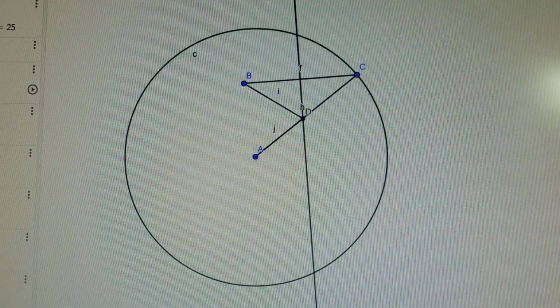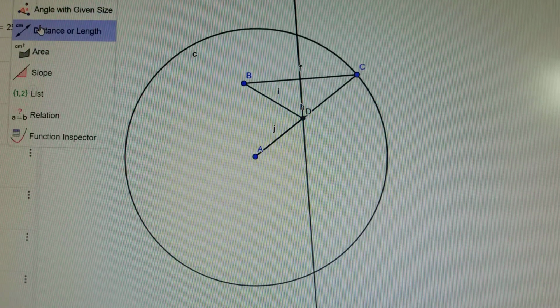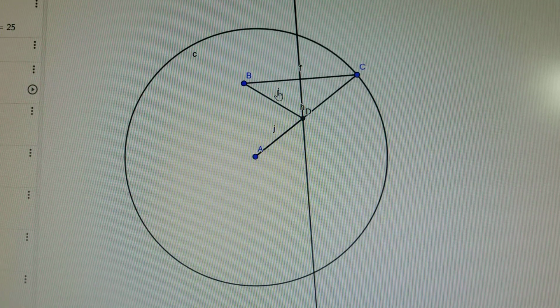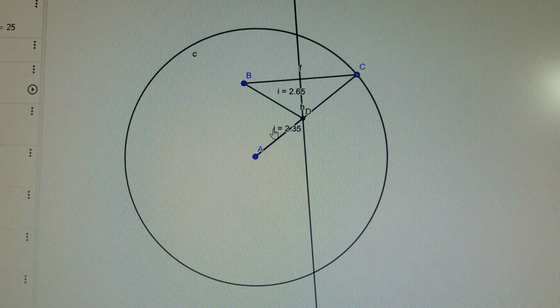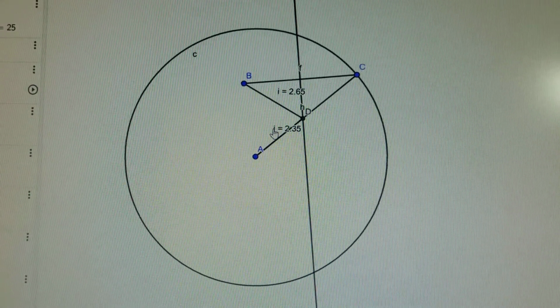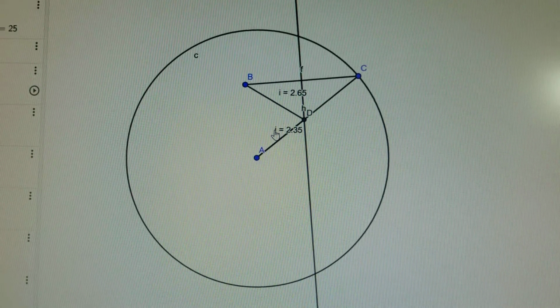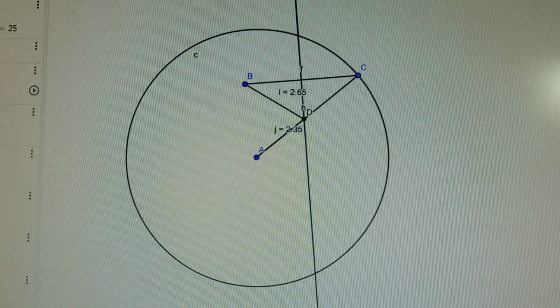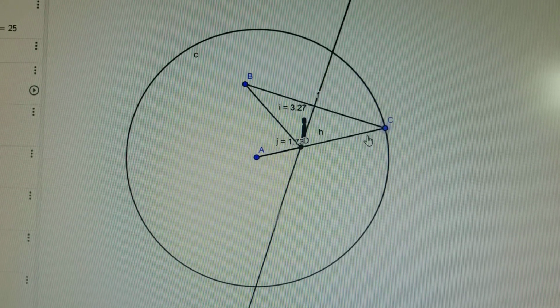Therefore, I go to I and J, and I measure the length, and this one is 2.65, and this one is 2.35. Oh, 2.35 and 2.65 add up to exactly 5. What a beautiful number.